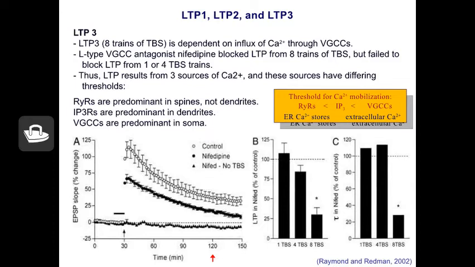And finally, the voltage-gated calcium channels have a high threshold for activation, so it takes a significant amount of stimulation, about 8 trains of theta burst stimulation, to activate them. Each of these successive forms of signaling drives more and more calcium into the cytoplasm, so the effect activated by more stimulation is not dependent upon the mechanism that was activated by the less intense stimulation parameters.